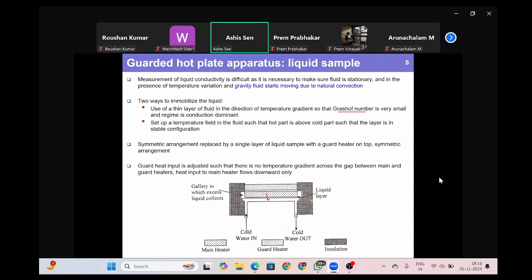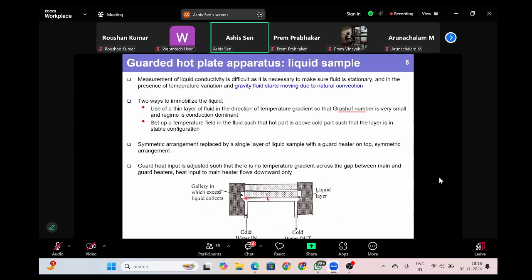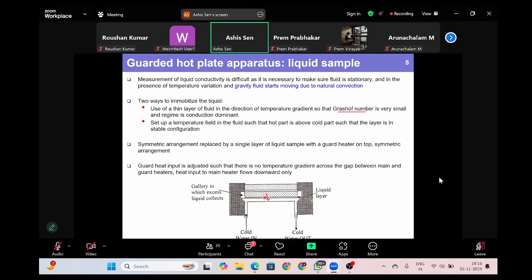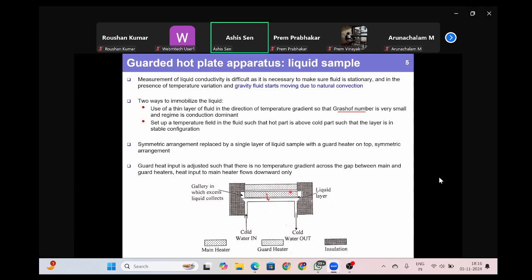Okay, so that means you have achieved the objective that the liquid layer is thin. That means the convection will be negligible. You have also achieved the one-dimensional heat flow that you need to equate with the heat flux and find thermal conductivity.